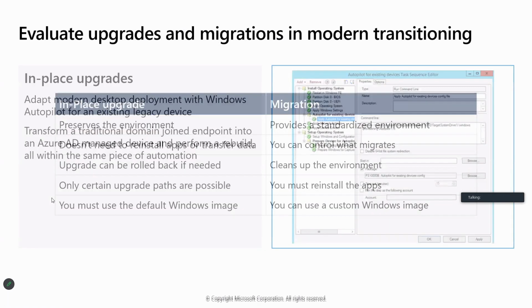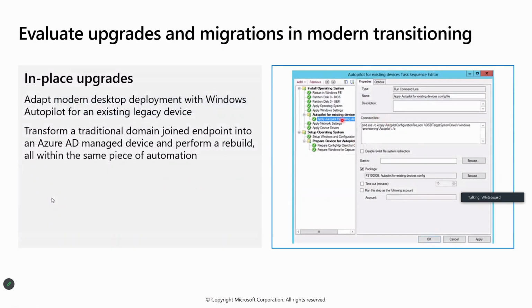Here is that task sequence in Config Manager for in-place upgrades. So apply Autopilot for existing devices. So this is the task sequence that will go through and upgrade a Windows 7 or 8.1 computer to Windows 10 or Windows 11.